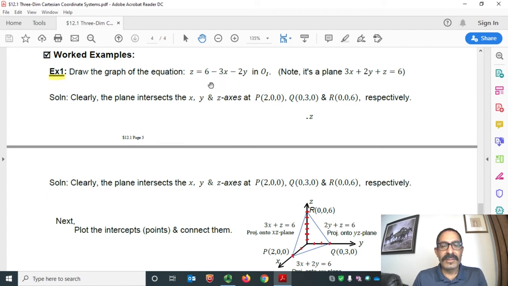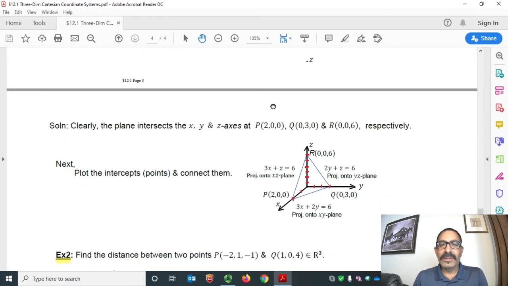Similarly, this plane intersects our y-axis at 0, 3, 0 at point Q. Put x and z equal to 0, so y equals 6 divided by 2, which is 3. And similarly, the z-intercept is R, 0, 0, 6. We got this point by putting x and y equal to 0, so z equals 6.